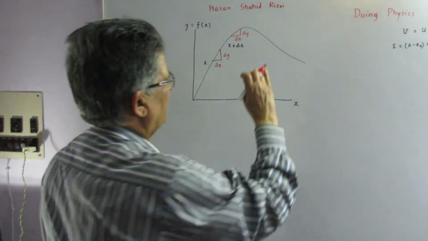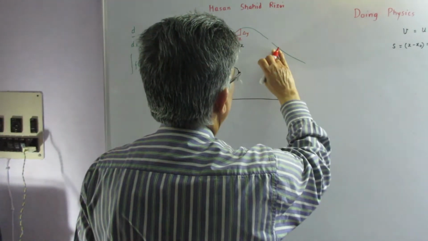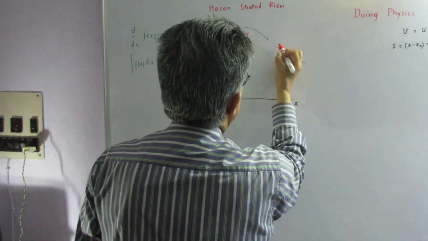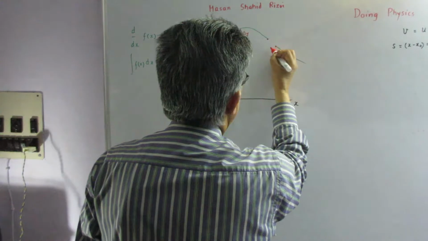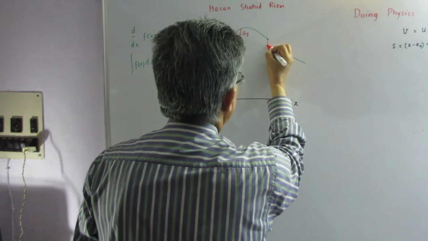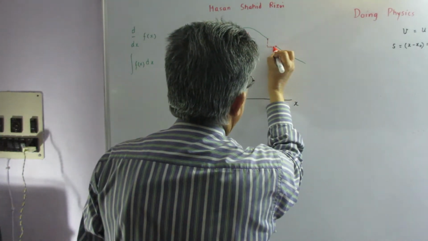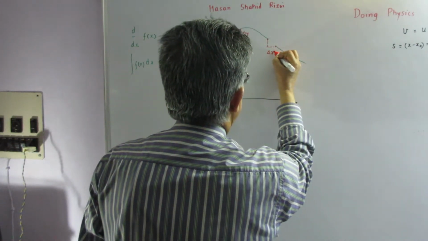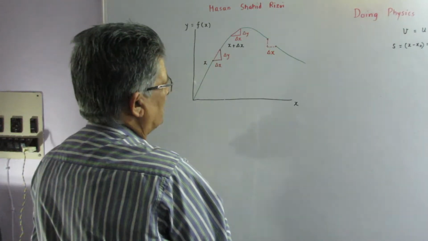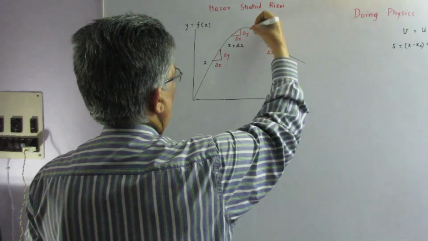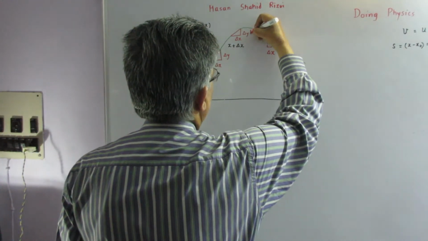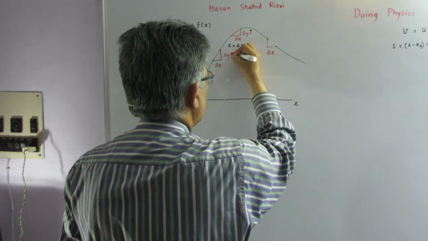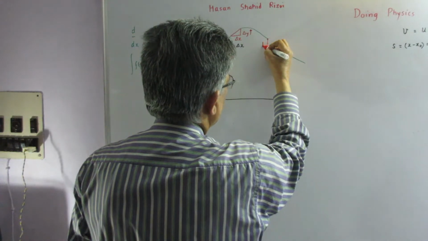Now I take a similar change in the value of delta x and take these 2 points, where between these 2 points the value of delta x is again the same, but the value of delta y, which was increasing in this case and this case, has now decreased in this case.